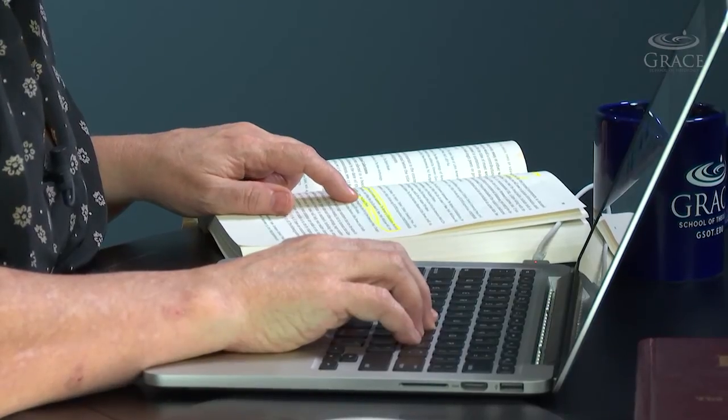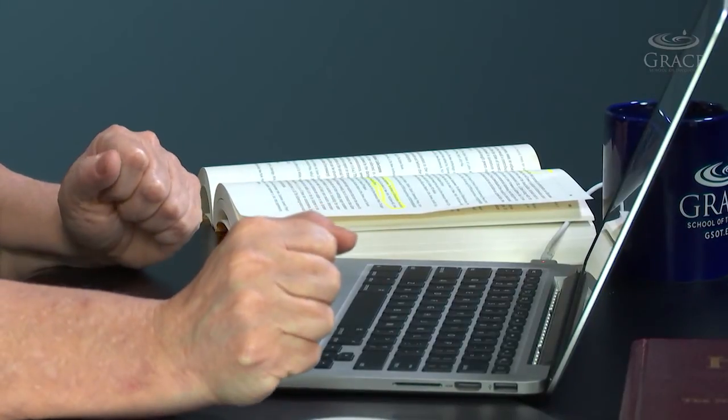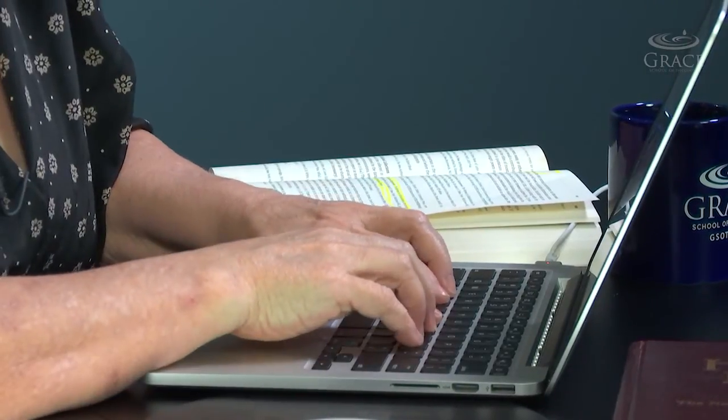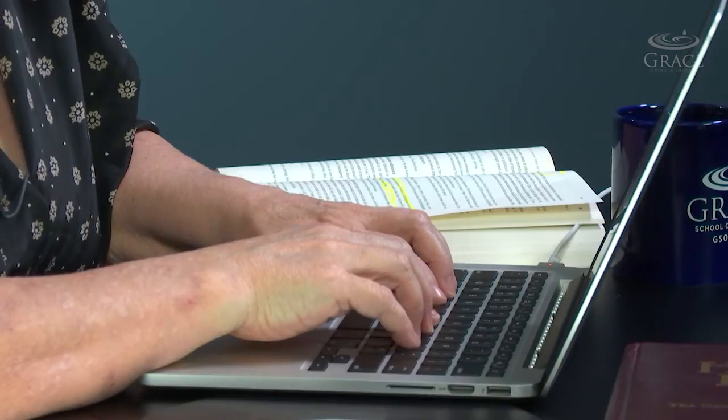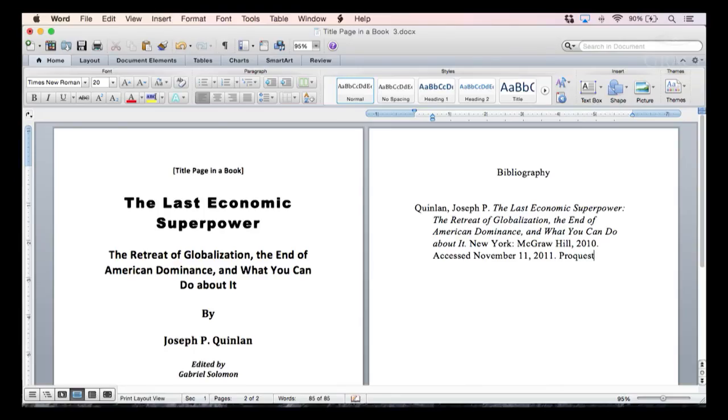So after 2011, I put a period, and I put the database that we got this from. We have, in our database collection here at Grace School of Theology, the database ProQuest. And that's where I got this book. When I didn't have the book in my hand, I actually used an electronic resource. So I put the name of the database, a period, and I'm finished.